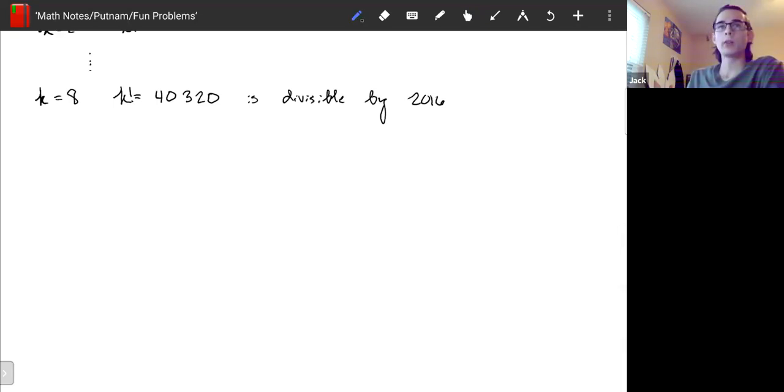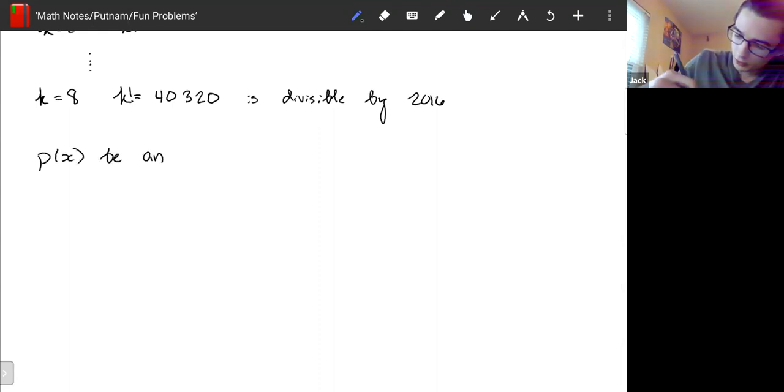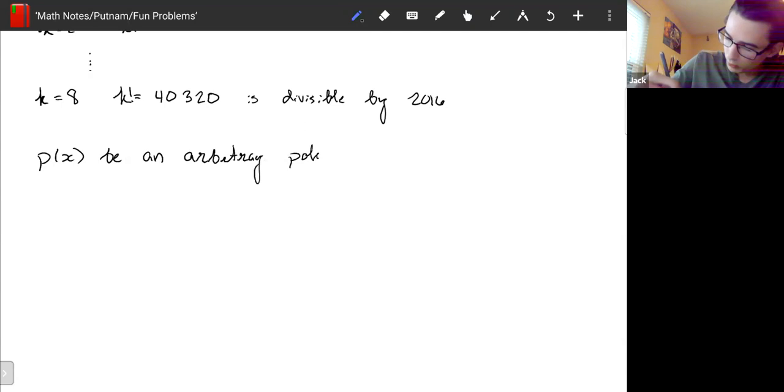So let's let p of x be an arbitrary polynomial with integer coefficients, right?